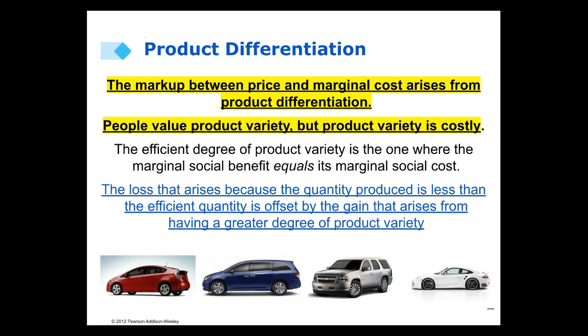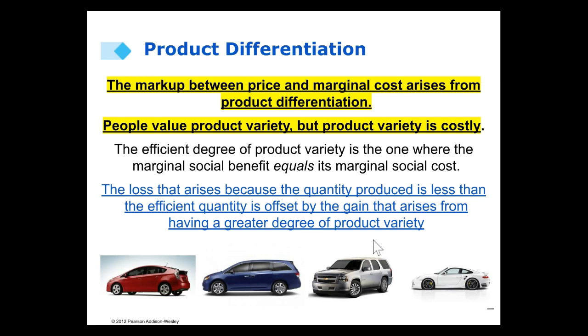The cost is the fact that we are not operating at the lowest point on the average total cost curve. And so it is efficient if we consider the fact that people value product variety, and there's a cost associated with that people are willing to bear.